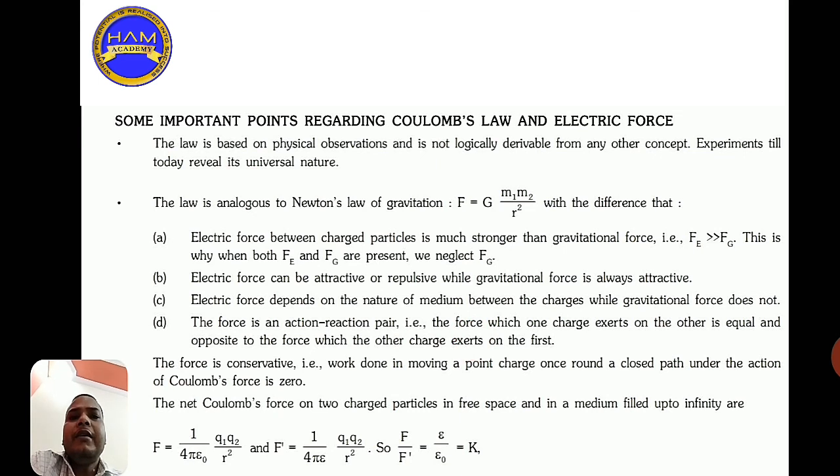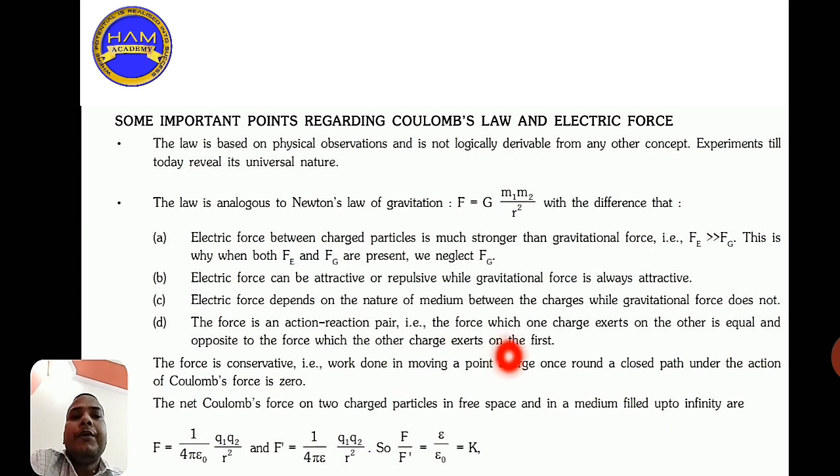Next, when we find the force in air, the formula is F is equal to 1 by 4 pi epsilon naught Q1 Q2 upon R square. But when we calculate Coulomb's force in a medium, the formula is F dash equal to 1 upon 4 pi epsilon, where epsilon is the permittivity of the medium, not of free space.